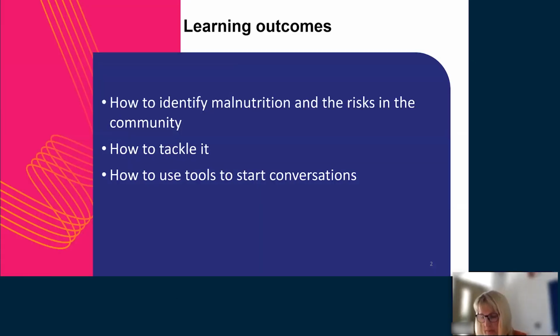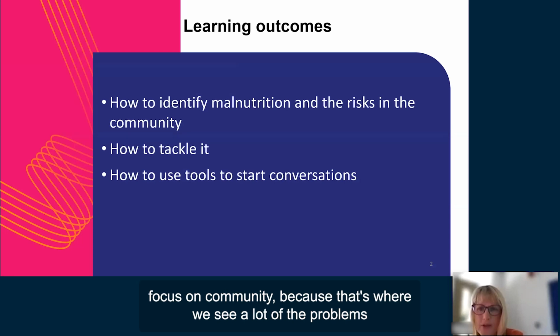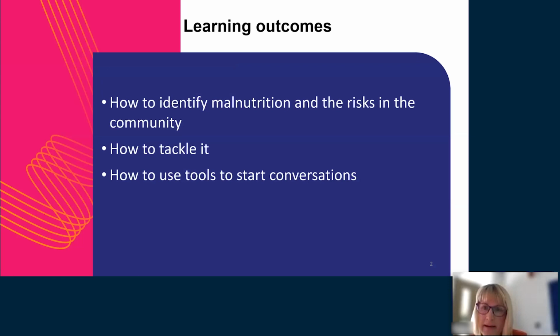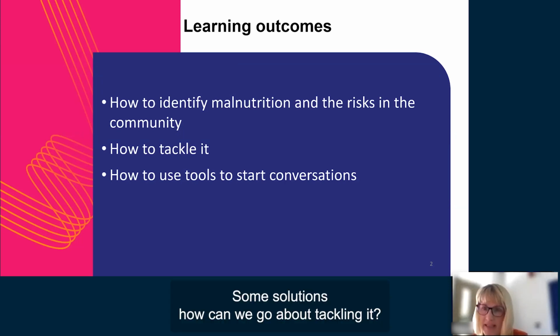So a few things I'm going to cover today. Firstly, how to identify malnutrition and some of the risks, with a key focus on community, because that's where we see a lot of the problems with malnutrition, certainly in older people. Then some solutions: how can we go about tackling it?